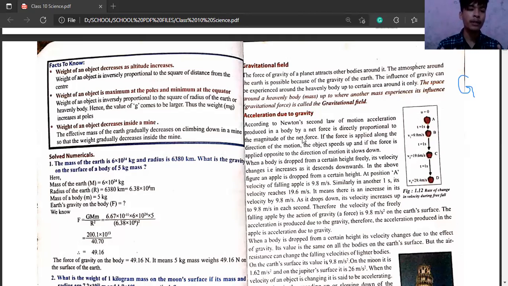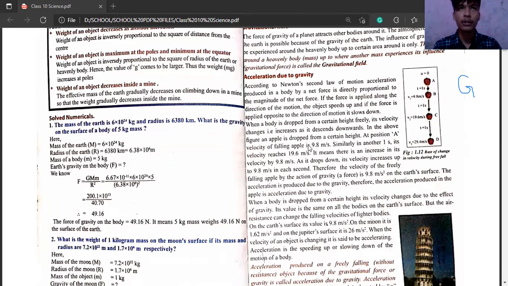For example, when you push a body with more force, that body will produce more acceleration. So acceleration depends upon the force, as told by Newton's second law. You had about 10 examples in your class 9 book on Newton's laws.